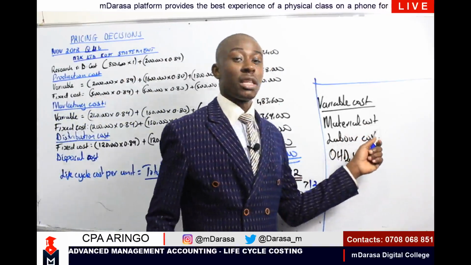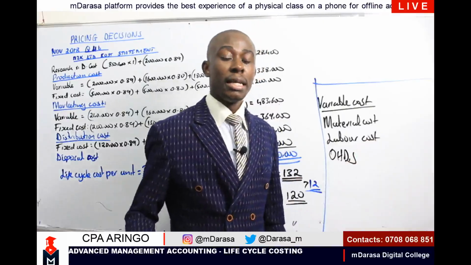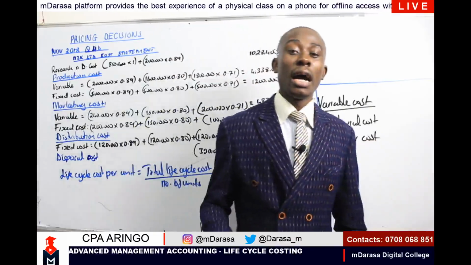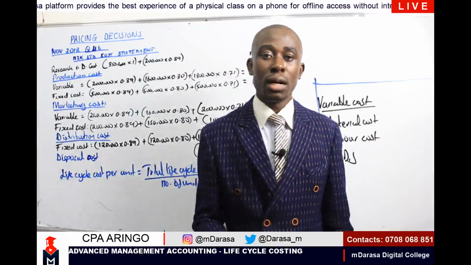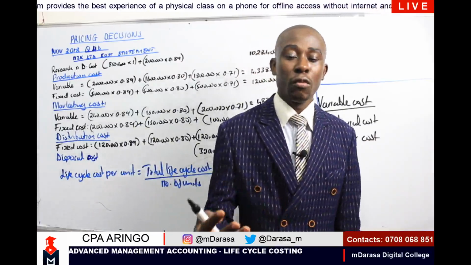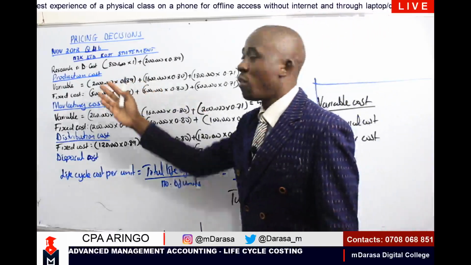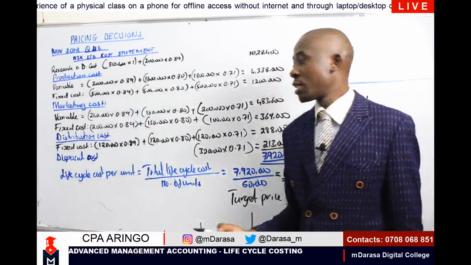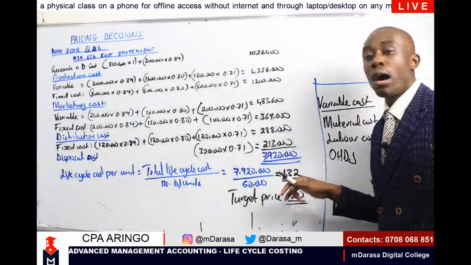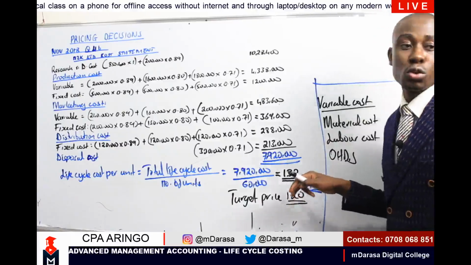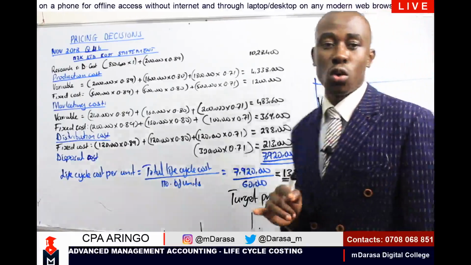Instead of using the materials that we've used, we can seek alternative, cheaper materials. If we use cheaper materials, it's going to reduce our variable cost, and as such, that will also reduce our life cycle cost.